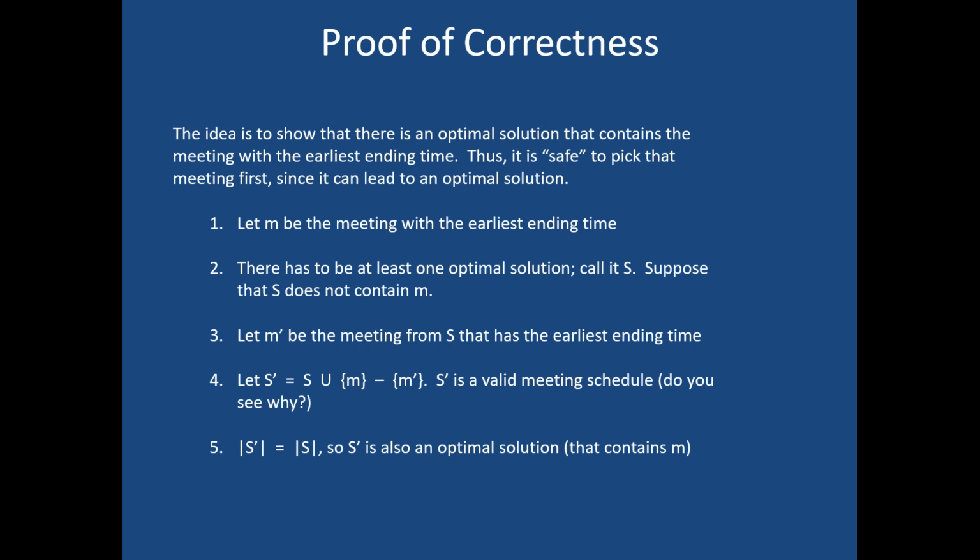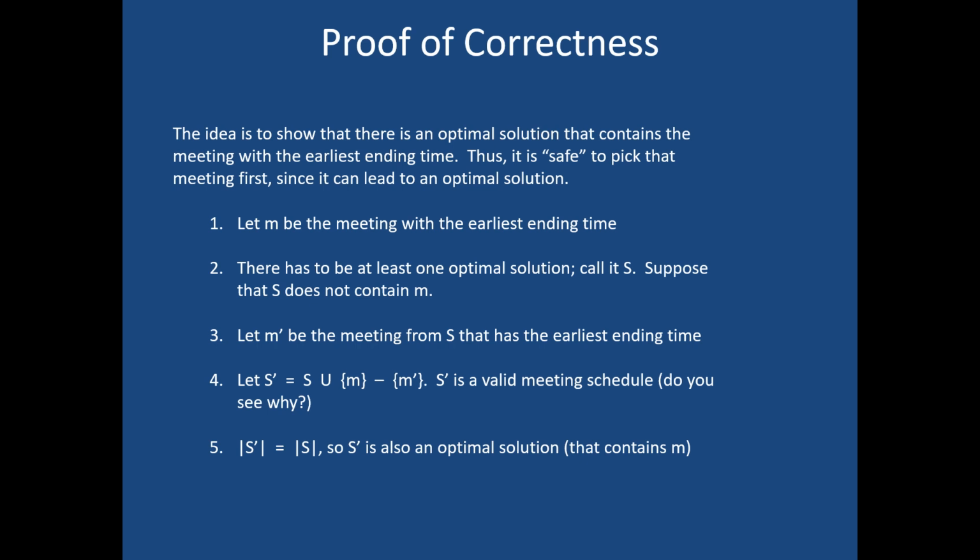It's just saying, if M is always safe to put in as the first one, you might as well always do it, because it shortens the problem you have to solve. But how do we know it's safe? I guess what this tells us is that any valid solution can only be improved, or not changed, by using M instead of M prime. Or another way to put it is, there is an optimal solution that contains the greedy choice.